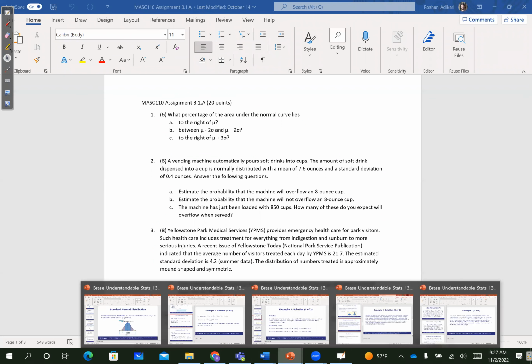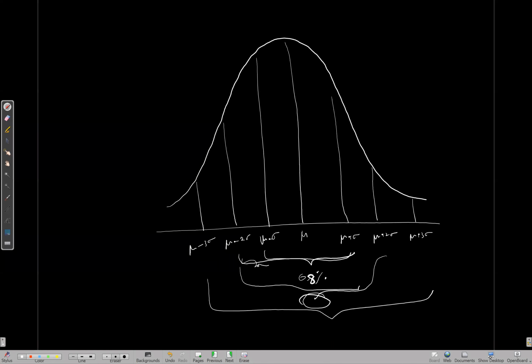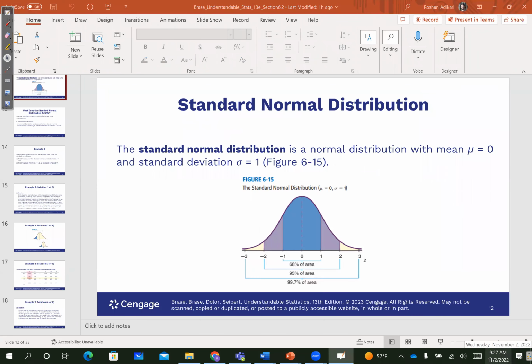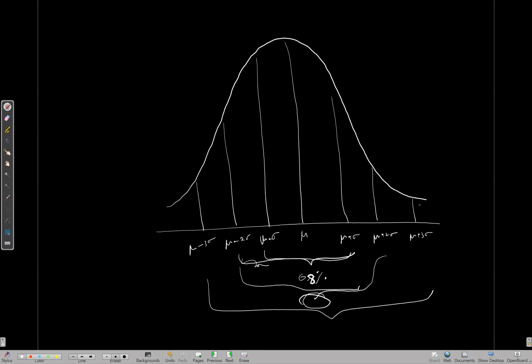So it's straightforward in this figure. So that's that value. And then you have to the right of mu plus 3 sigma. So to the right, that means this one, that small area, that's going to be a very small value.